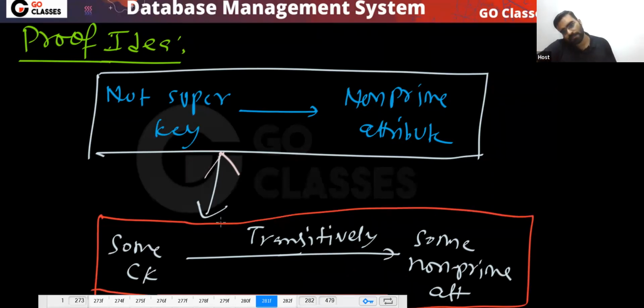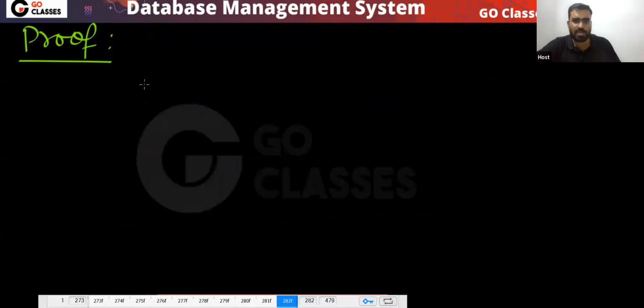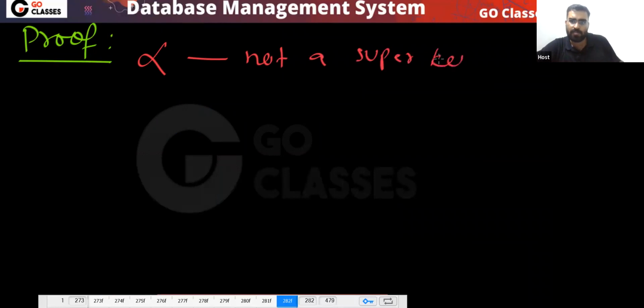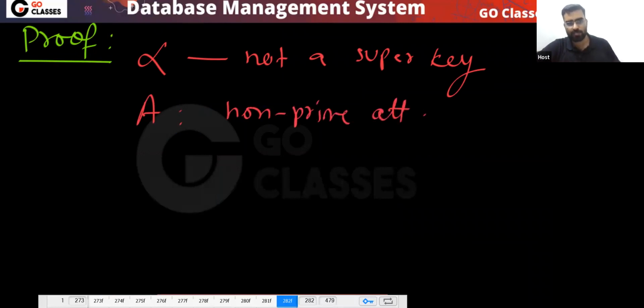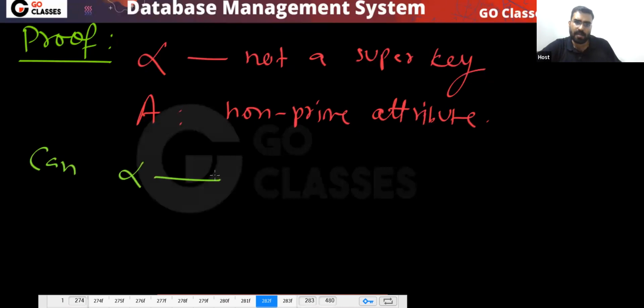How can I prove it? This is very easy to prove. Let's assume alpha is not a super key, and A is a non-prime attribute. Now tell me one thing: can alpha determine some candidate key?